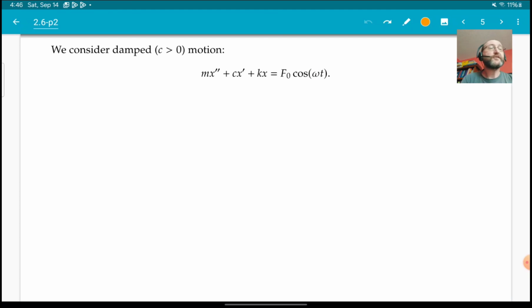All right, so this time we're considering damped motion. So we're considering when this term is really there, when c is positive. Last time we considered c equals 0.